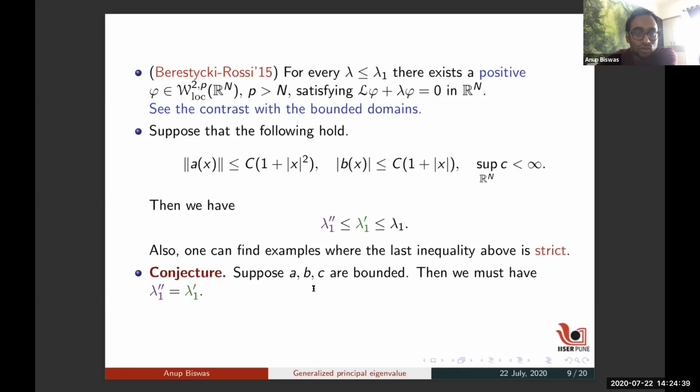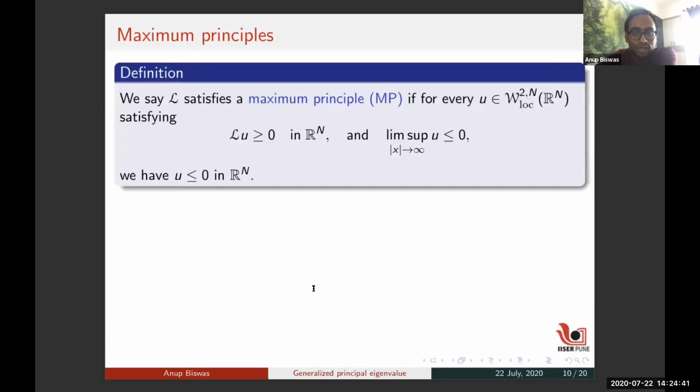They believe it's equal. Now, coming back to the maximum principle: for bounded domains, I have said the principal eigenvalue plays a crucial role in characterizing the maximum principle. But what would be the maximum principle in an unbounded domain, in particular in R^n? You take a subsolution.